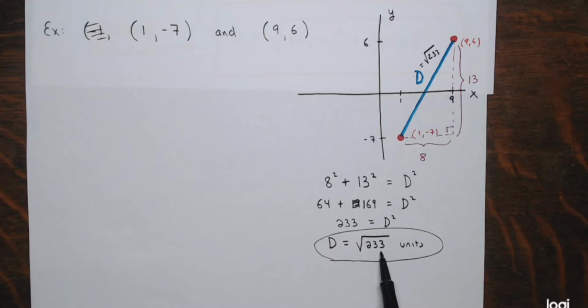Now, 233: it's not a multiple of 2. It's not a multiple of 3. It's not a multiple of 5. It's not a multiple of 7, right? 210 plus 23, no. Not a multiple of 11.